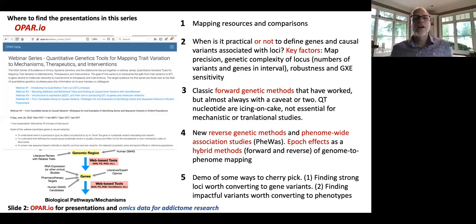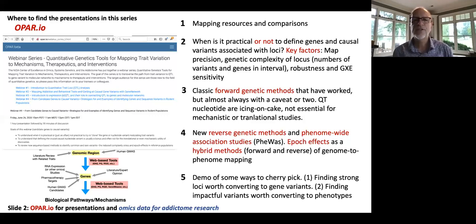Third section is on classic forward genetic methods. So that's what most of us have been involved in for the last, well, many years. I will work through some examples there, but I just want to say that it is really tough to get to gene variants, the actual nucleotide variants, using classic forward genetic methods.